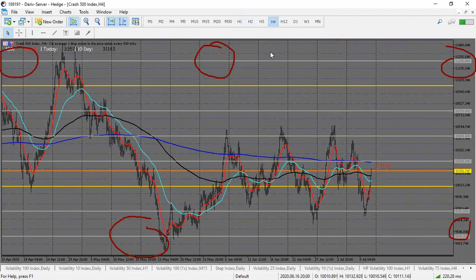And that's exactly what happened. Before it happened, we were somewhere here. And I told him, my Crash 500 is going to crash down, because it's crashing from this hesitation zone. It's going to crash down almost halfway through the cycle. And look, it crashed as low as where it started off at 97.50.